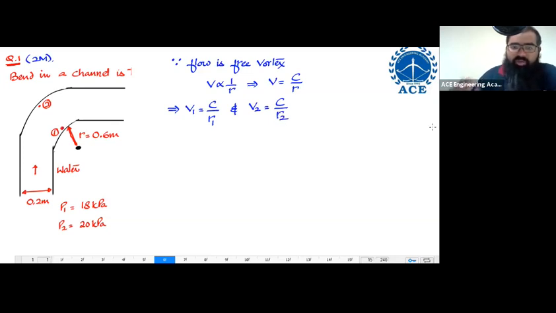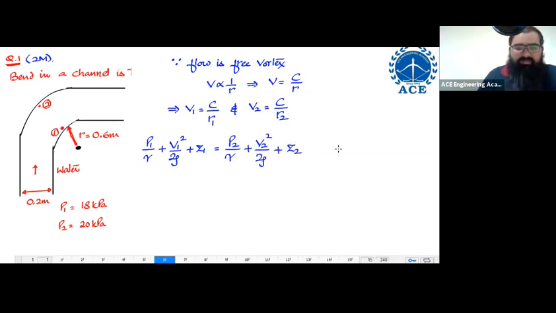Please remember, whenever you are going to have questions on vortex motion, never think about losses unless he tells you regarding the losses. Please imagine ideal flow only over here. Now I'm going to write down, since we are having free vortex motion, P1 by gamma plus V1 square by 2g plus Z1 has to be equal to P2 by gamma plus V2 square by 2g plus Z2.